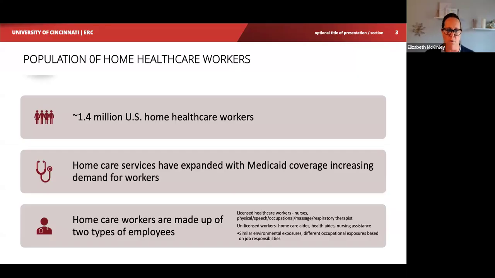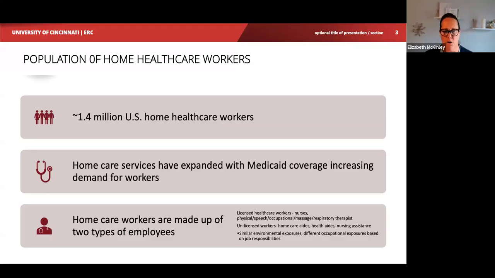There is another group of workers in this population, and that's the unlicensed workers. These are home healthcare aides, also sometimes referred to as nursing assistants, and they help with activities of daily living. Some of them are giving medications. They have a certain certificate for that.